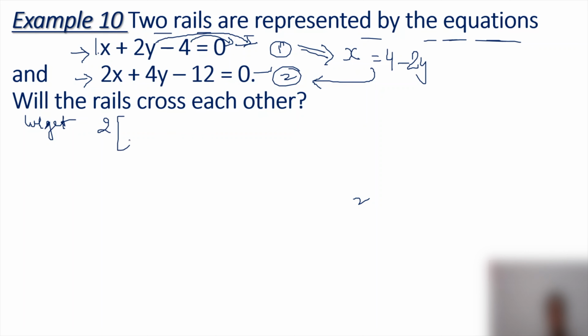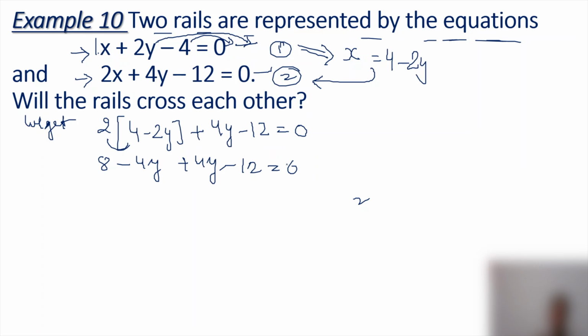So we get 2 times x, that is 4 minus 2y, plus 4y minus 12 is equal to 0. Or we can say 8 minus 4y plus 4y minus 12 is equal to 0.